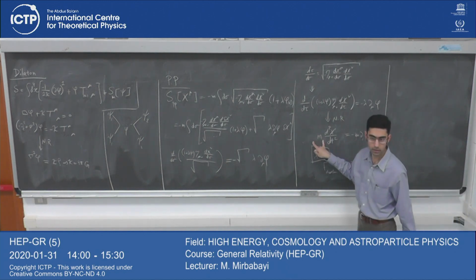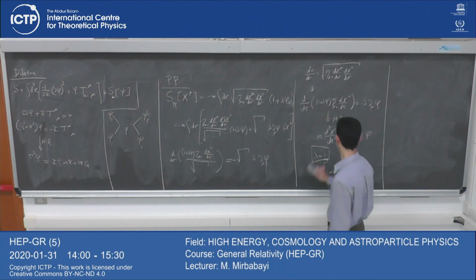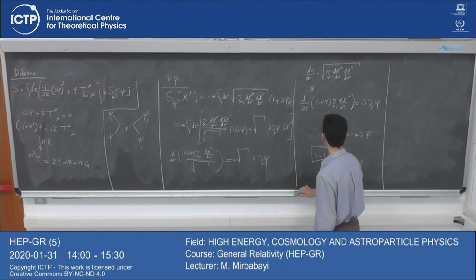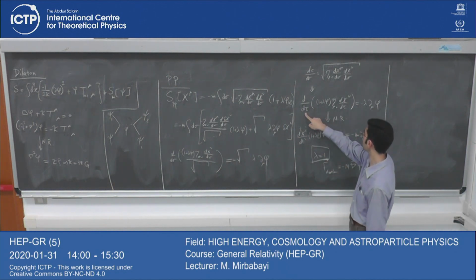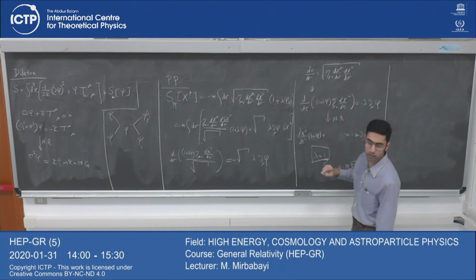In here, when I was taking, let us keep track of it. So there is d²xi/dt². If I keep it, there will be this times 1 plus lambda phi, and then there will be another term in which I take the derivative of phi.